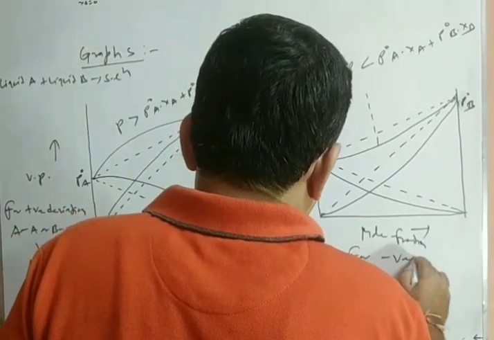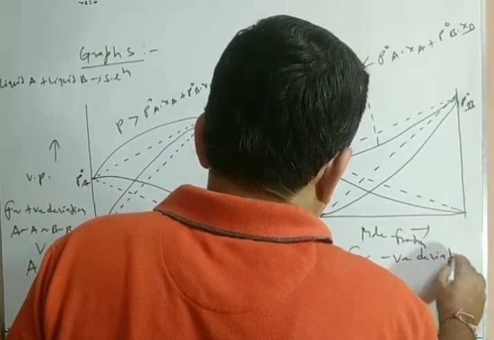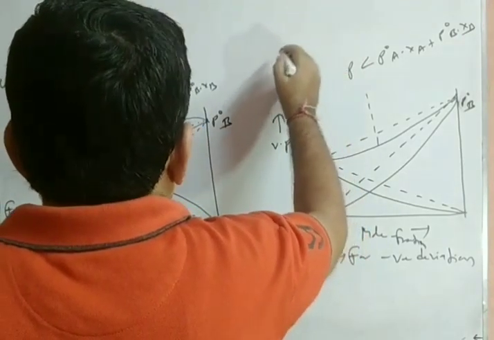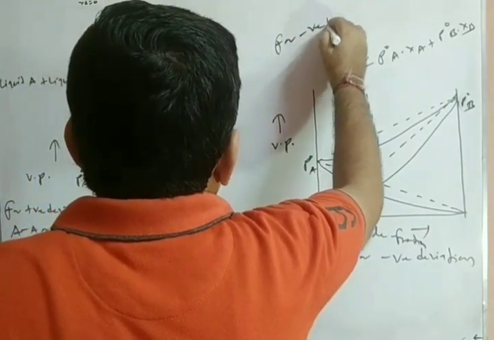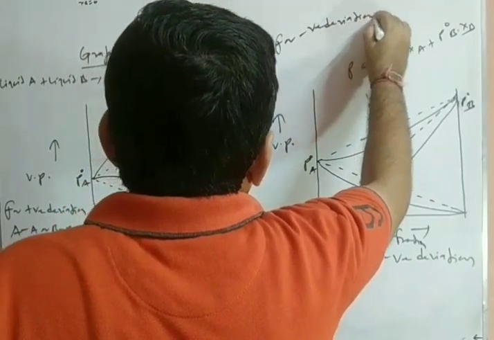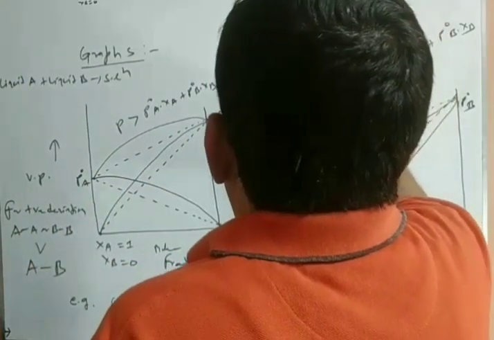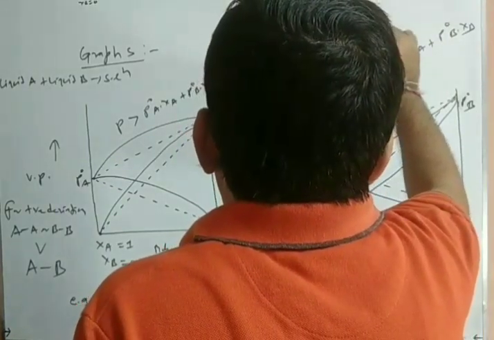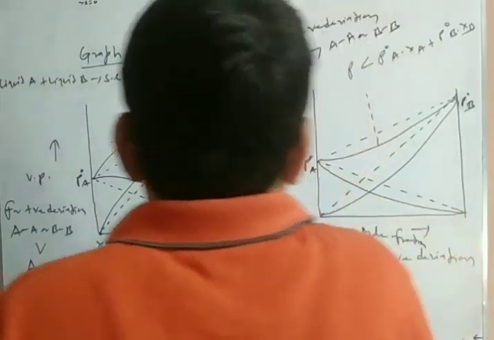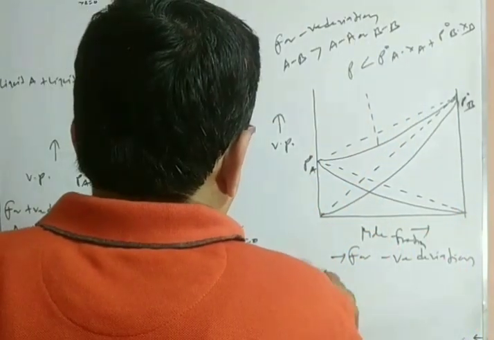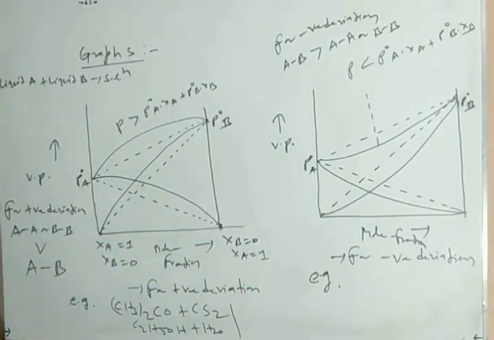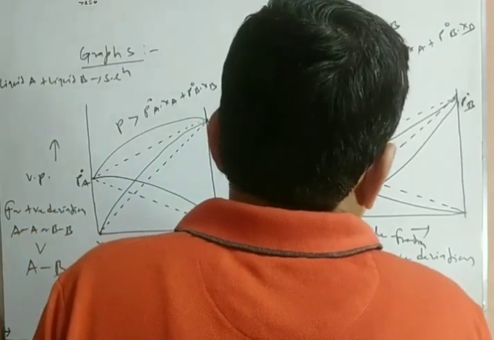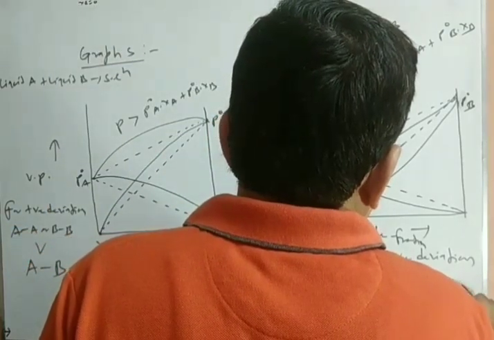For negative deviation, AB interaction forces are greater than AA or BB interaction forces. Examples are, you can write acetic acid plus pyridine, C5H5N.